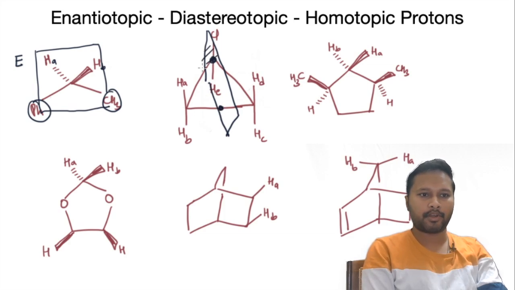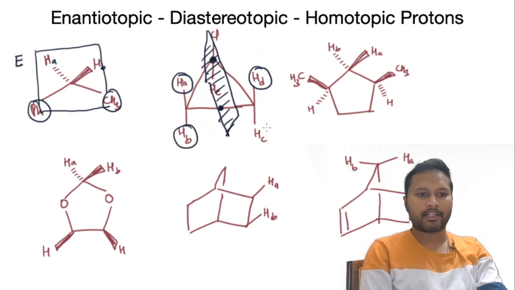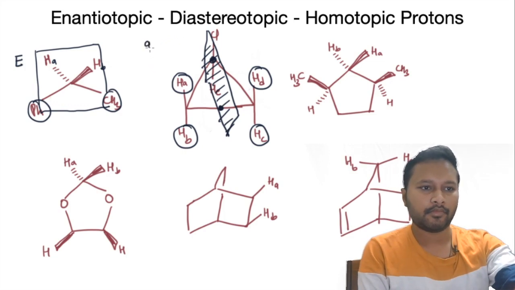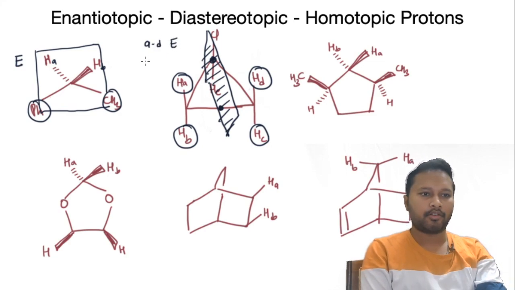This plane is going to reflect this HA with HD and this HB with HC. So the relation between HA and HD is that they are enantiotopic, and similarly HB and HC are enantiotopic in nature.